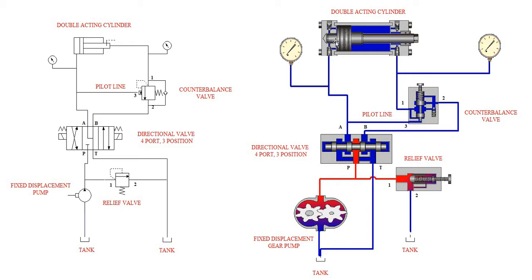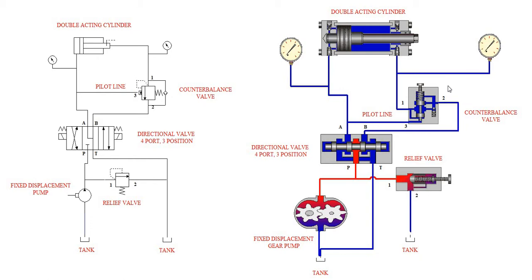So if we are to extend this cylinder at all, we need to have a pilot signal from port A here into port 3 of our counterbalance valve, moving the counterbalance valve piston off of its land to allow flow from 1 to 2. Again, this will be something that's much easier to visualize once we get to the animation. But for now, that's how a counterbalance valve works.